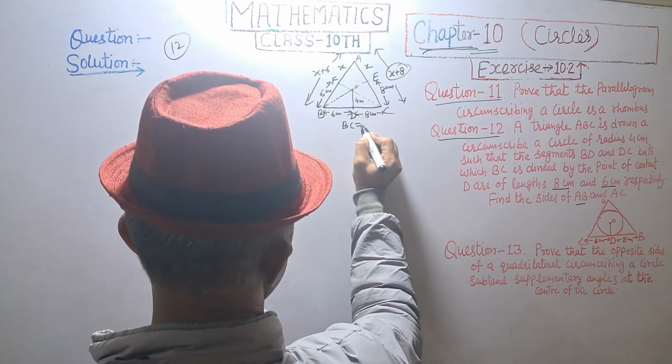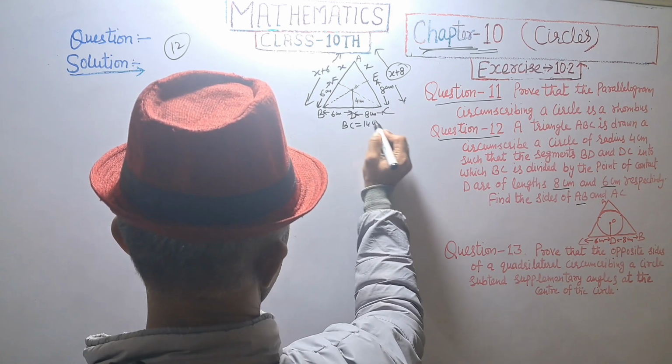And BC is equal to 14 centimeter total side.